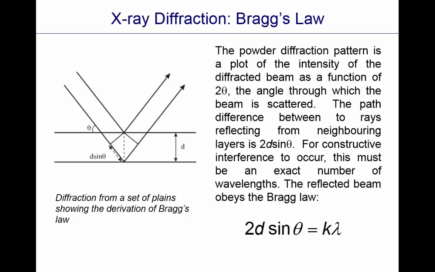So what I need to have in the end is that the difference of the path of these beams should accommodate an integer number of wavelengths. The difference of pathways, and that's this. If you look at this, this is exactly the same from here to here, and this is exactly the same from here to here.